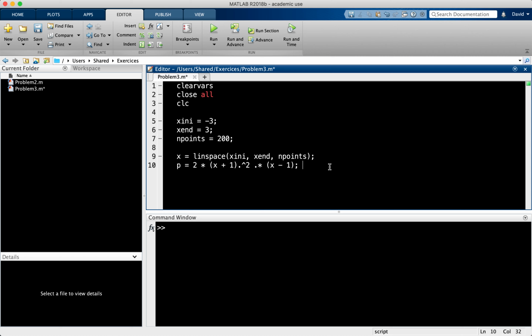We also need the derivative, so we proceed exactly in the same way. In this case, the derivative will be 2 times (x plus 1) times (x minus 1) plus (x plus 1) squared.